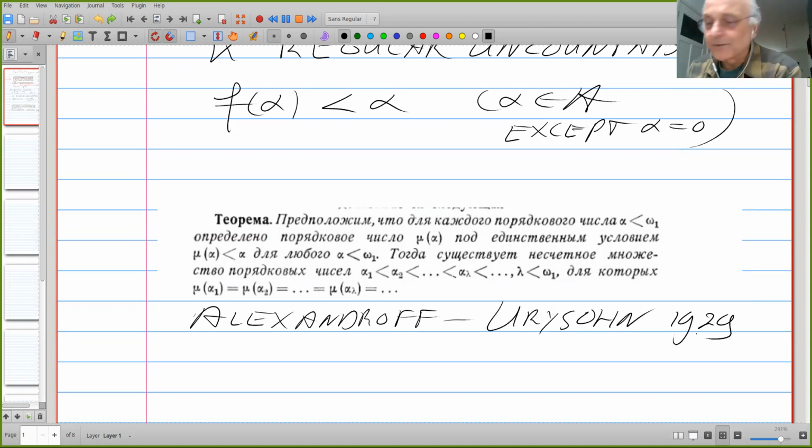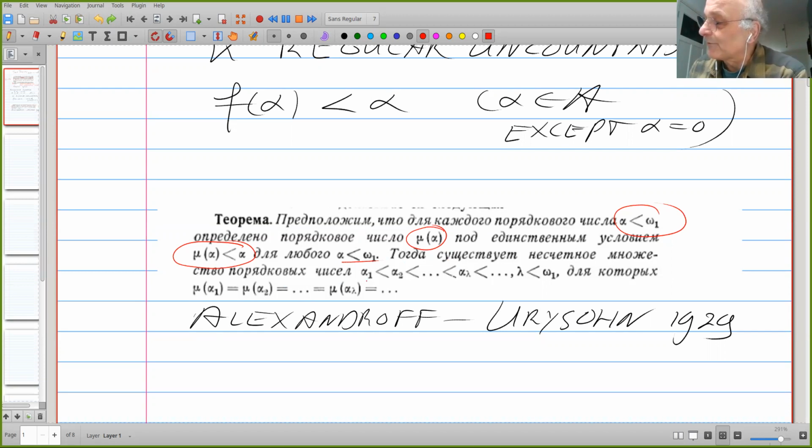And in an appendix of that paper, there is this theorem. This is in Russian. I know it's hard to read, but if you look closely, you will see that there is something about alphas in omega 1 going on. You see a mu alpha, and you see that mu alpha is less than alpha for all the alphas in omega 1. Hey, that's a regressive function. And then you can sort of see the conclusion.